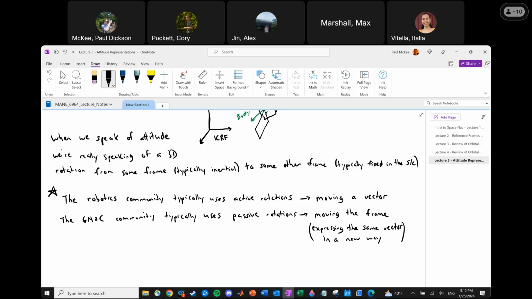So if you code up the wrong thing in your flight software, you will crash. And it's very important that people know the difference. So we'll get into more detail on this in a little bit, but it's important to know that mathematically, active and passive rotations are inverses of one another.